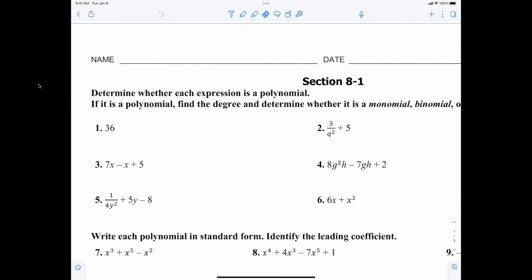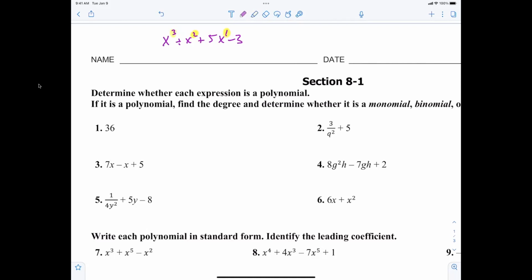In this particular case, most of the time it'll be something like x cubed plus x squared plus 5x minus 3. That is considered a polynomial because if you look at the exponents, all of the exponents are whole numbers. That's the main focus.